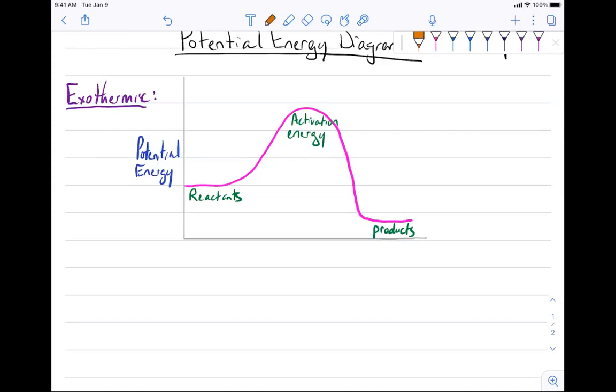So if your reactants are A, B and C, D, just randomly, and your products are A, D plus C, B, activation energy is at the top.